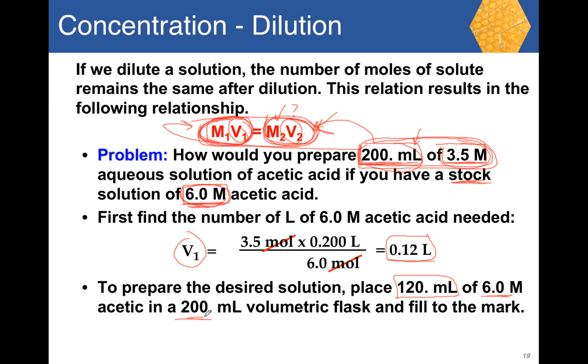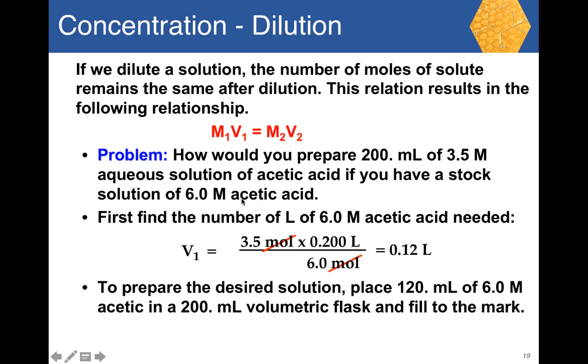So bottom line is, you should be able to utilize this equation to determine a volume after dilution, or a molarity after the dilution. And of course, typically what's given would be 3 variables, and you just need to calculate one unknown.